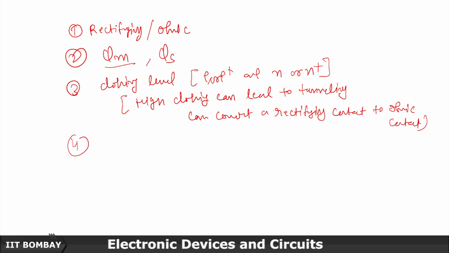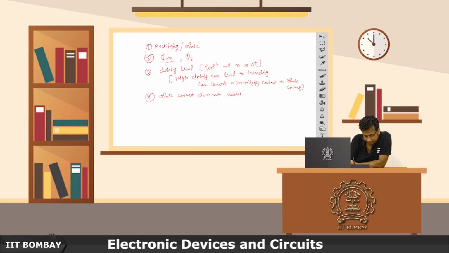Ohmic contacts don't have any depletion region, while rectifying contacts do have these depletion regions.